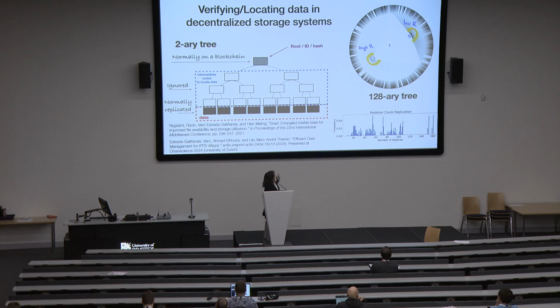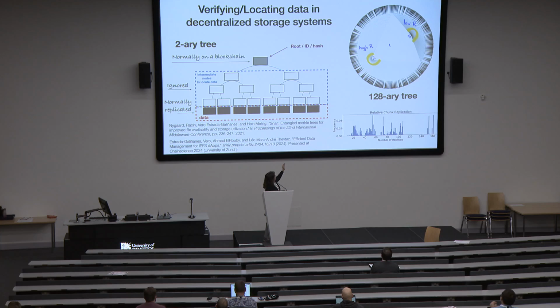And then on the right, we had a cluster with 1,000 nodes of the Swarm network, which is kind of an equivalent of IPFS, but more focused on anti-censorship and privacy issues. This is a radial visualization of a 128-ary tree. That means that every intermediate node may have up to 128 branches.